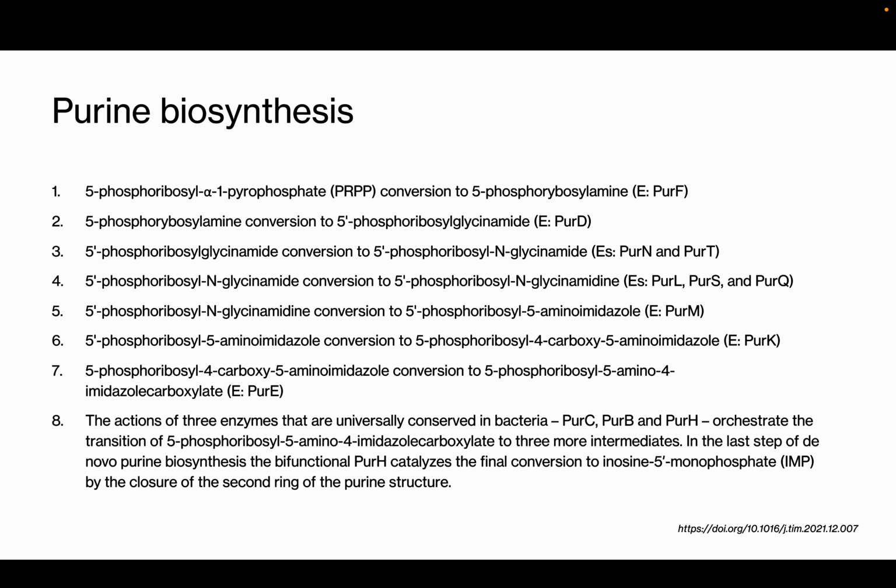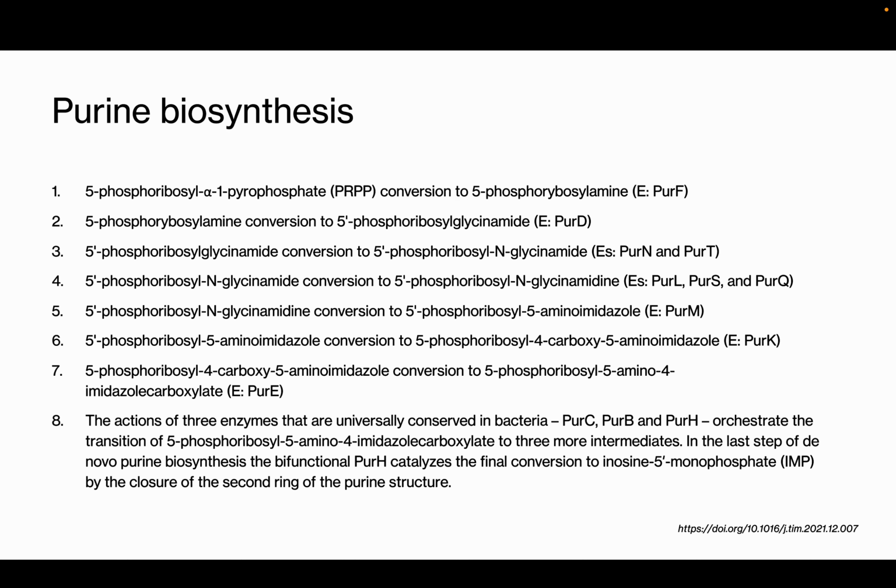Now step number 8 is what I want us to focus on, because in this step the catalysis of the base molecule for ATP and GTP synthesis is finally going to happen. Three enzymes that are universally conserved among bacteria, PurC, B, and H, all work together for the transition of 5-phosphoribosyl 5-amino-4 imidazole carboxylate to three more intermediates respectively.